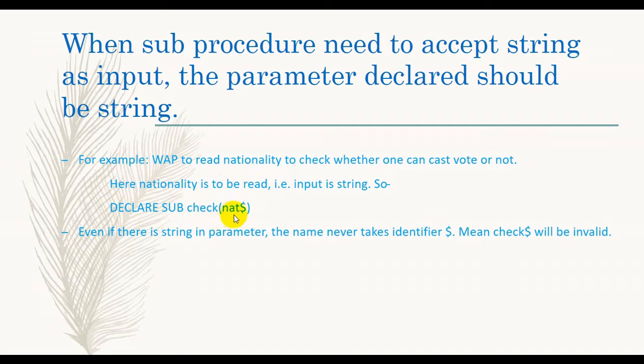Here we are using string parameter as our subprogram will need this string, that means one string is needed. This is due to the need of string input. That is why here in parameter we are writing one string variable, and we had given here a name that is as its output, because we need to check that one can vote or not. So we wrote here check as some resembling name for the sub procedure.